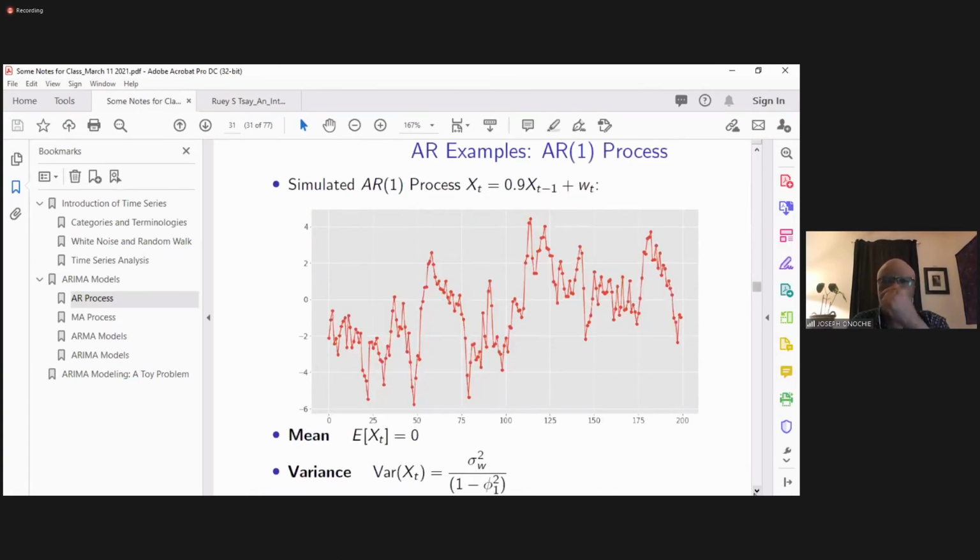Okay. So look, guys, look at this autoregressive process. This is an AR1. Does everybody understand why this is an AR1 process? Because it's only one lag, yes. This coefficient is 0.9.